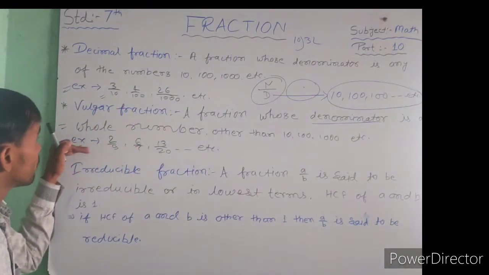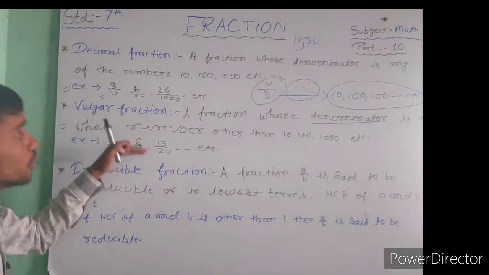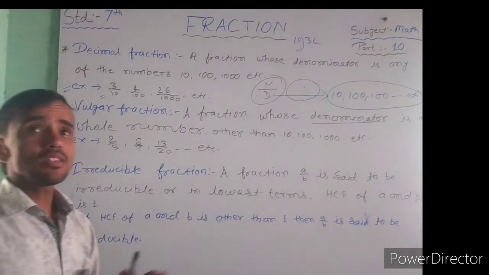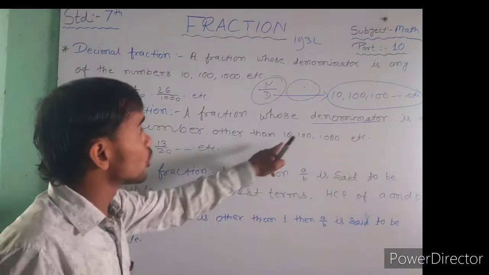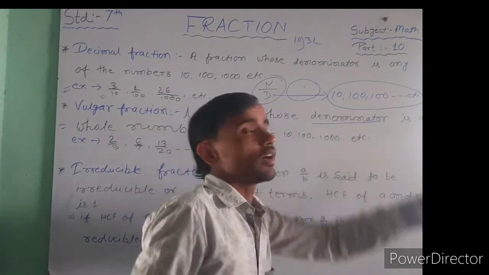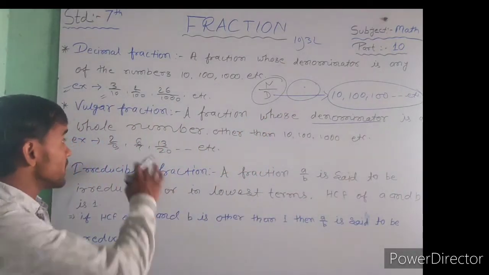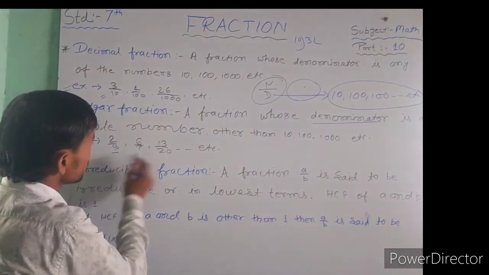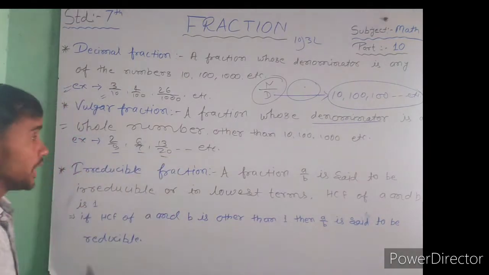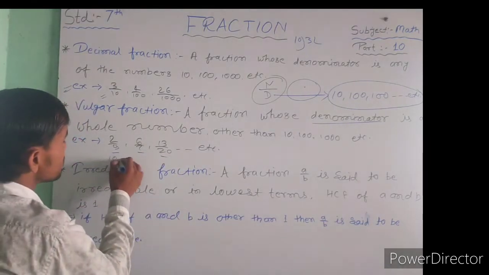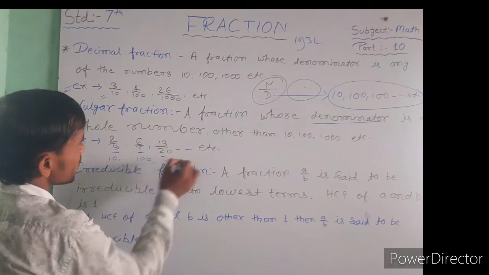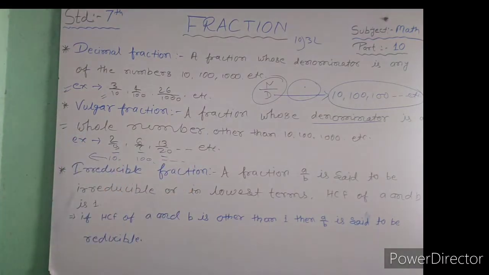In a decimal fraction the denominator is 10, 100, 1000, etc., but in a vulgar fraction the denominator is other than these. If the denominator is 10, 100, 1000, 10,000, that is a decimal fraction.